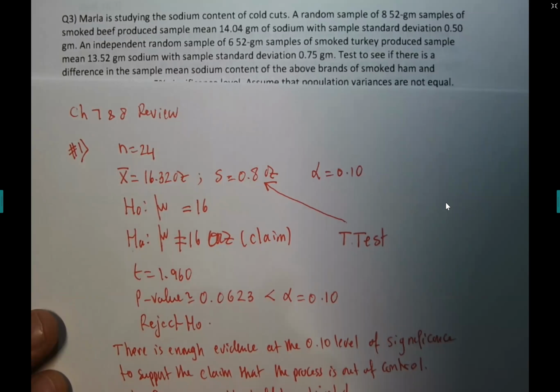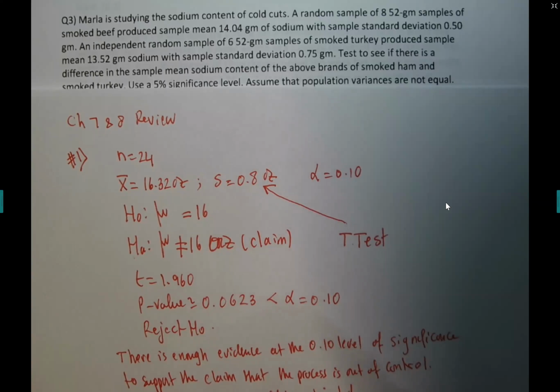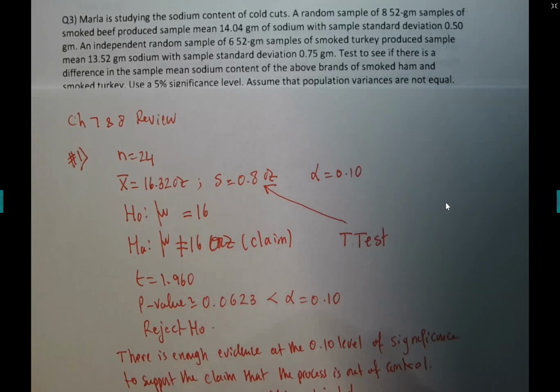So Q3, let me just write them down, and then we'll work it together. We have the first sample, N1 is 8. It has a sample mean X1 bar of 14.04, and S is 0.5.